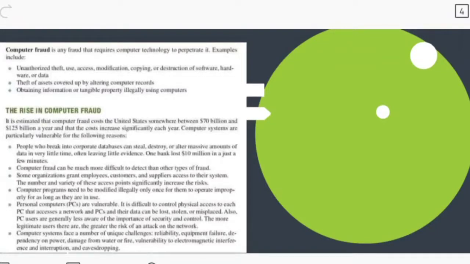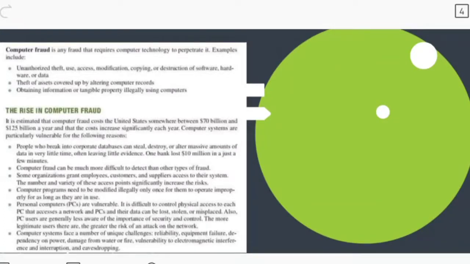Some organizations grant employees, customers, and suppliers access to their systems. So the number and variety of these access points significantly increase the risk. Computer programs need to be modified illegally only once for them to operate improperly for as long as they are in use. Personal computers are vulnerable.